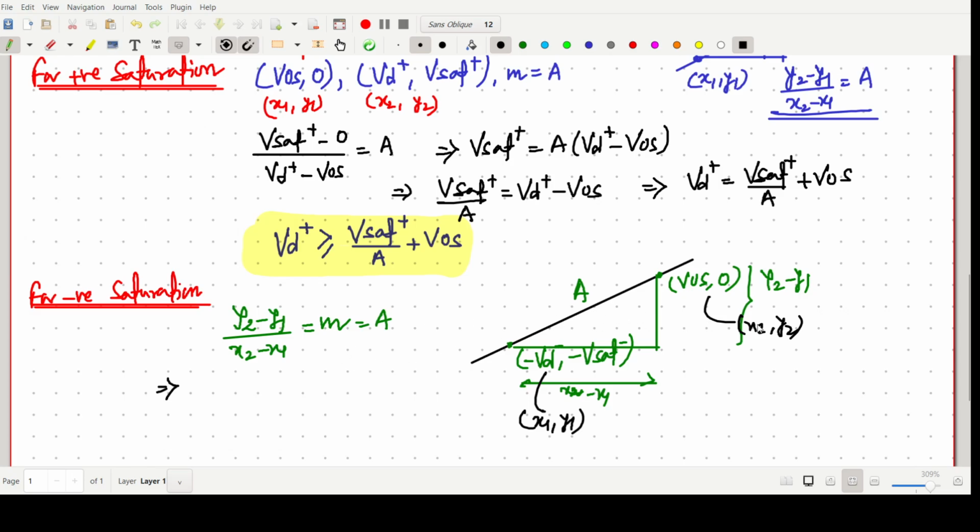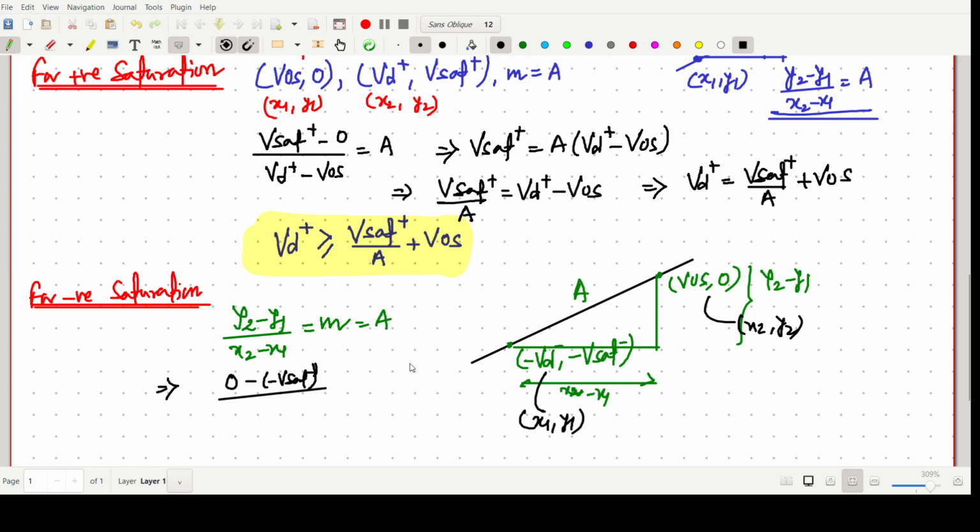So y2 is our 0, so better to write 0 minus minus of Vset minus, so we have to write Vset minus, divided by x2 minus x1.